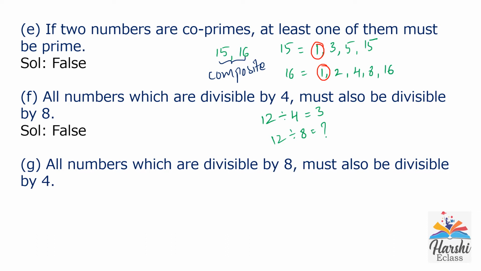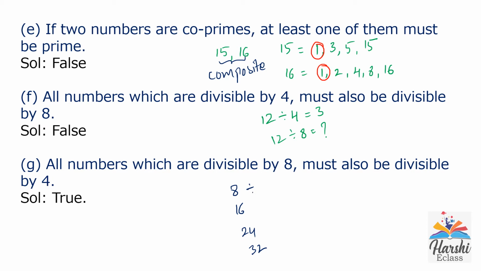G. All numbers which are divisible by 8 must also be divisible by 4. It is a true statement. For example, the numbers which are divisible by 8 are 8, 16, 24, 32.